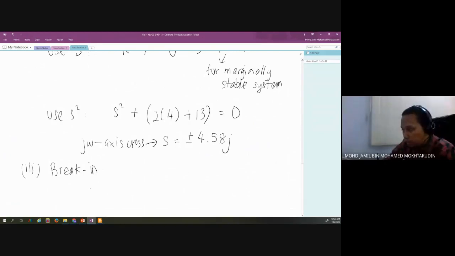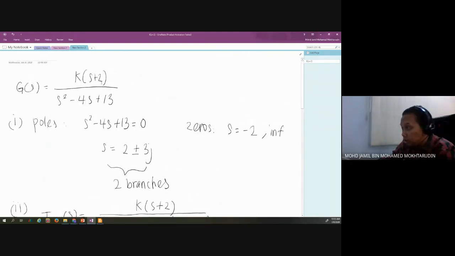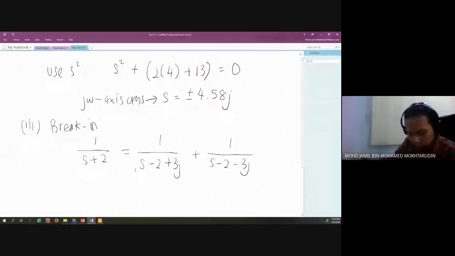So there is one zero, so 1 over s plus 2 equals 1 over s minus 2 plus 3j plus 1 over s minus 2 minus 3j.